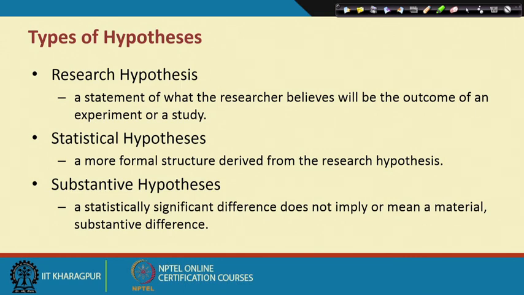So, this is as usual the actual thought process. Then the statistical hypothesis will be a formal structure, and that is basically derived from the research hypothesis, and the third one is called the substantive hypothesis.